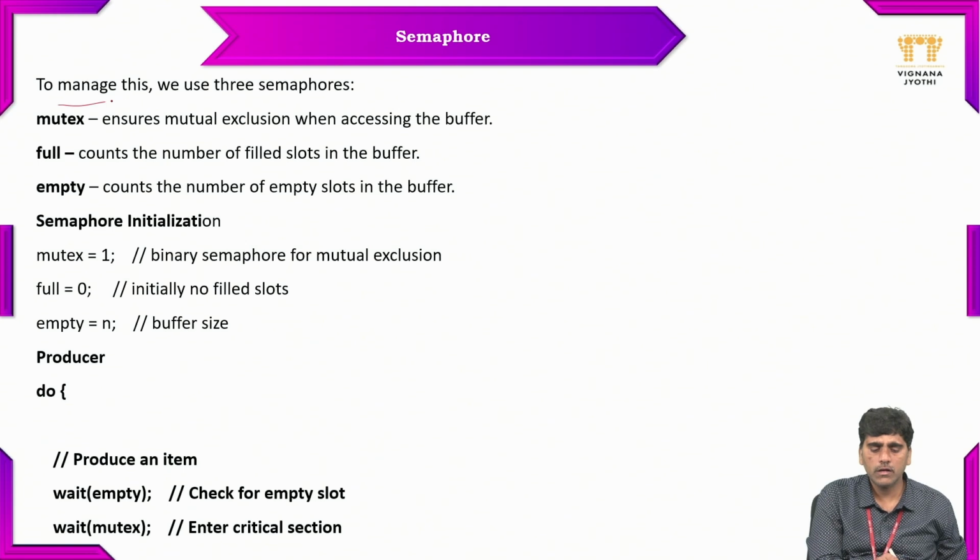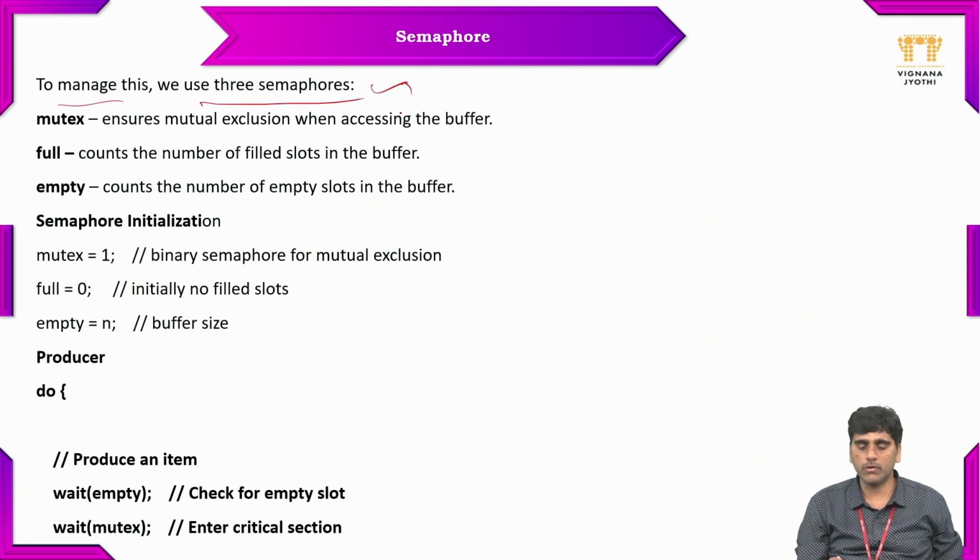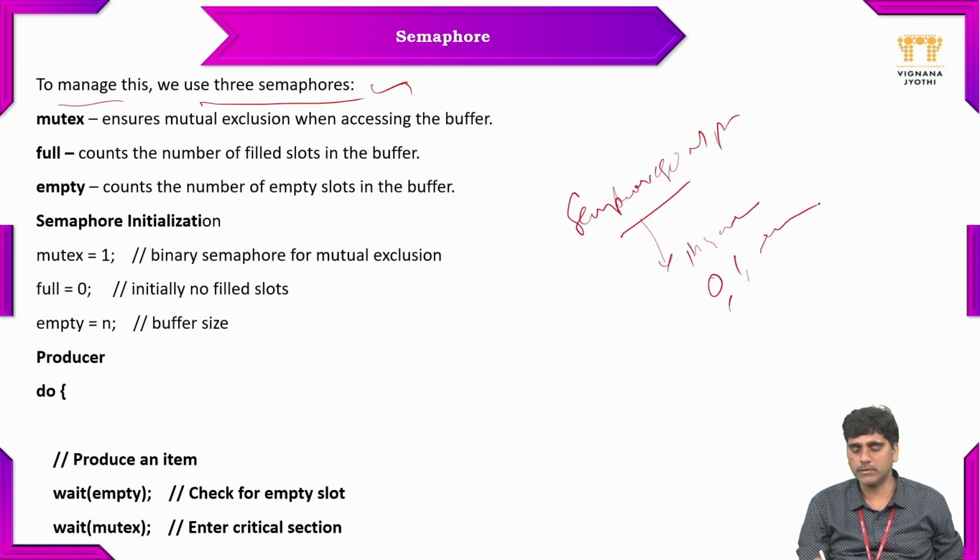To manage this, we use three semaphores. We already said that a semaphore is a classical solution for process synchronization, and it is a variable, containing zeros and ones as binary semaphores, and counting semaphores that increase and decrease. So here we are using three semaphores.